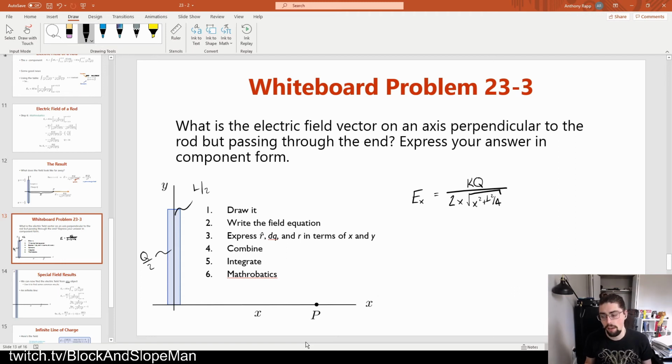The bottom half of the rod is contributing the other half of the x field. If we lop off the bottom half, well, half the field is left. So we kind of know what we're looking for already, right?